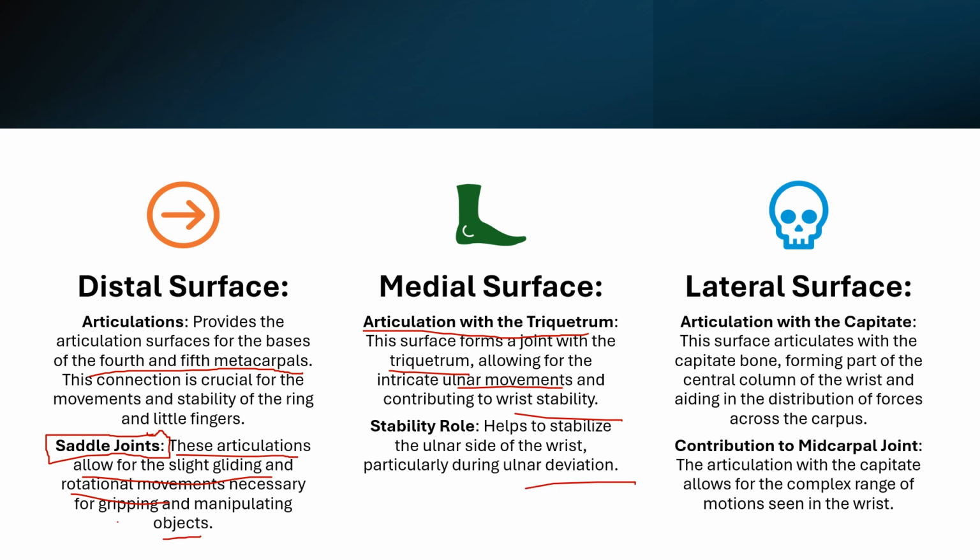The lateral surface articulates with the capitate bone and forms a central column of the wrist, aiding in the distribution of forces across the carpals. The lateral surface also contributes to the midcarpal joint, and this articulation with the capitate allows the complex range of motion seen in the wrist.